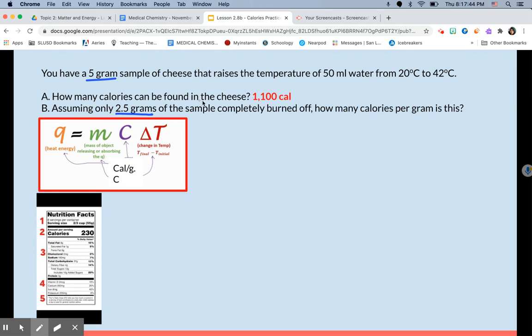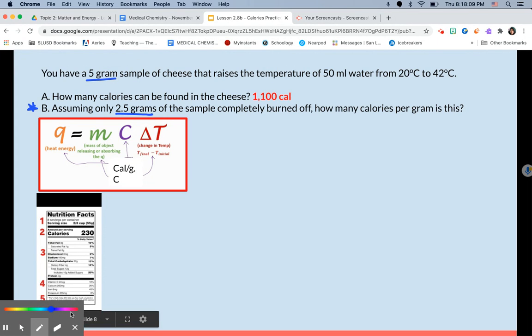Right, so earlier we found that the cheese has 1,100 calories, right? And the second question is the question that I'm just going to answer for this slide. Assuming only 2.5 grams of the sample completely burned off, how many calories per gram is this, right?